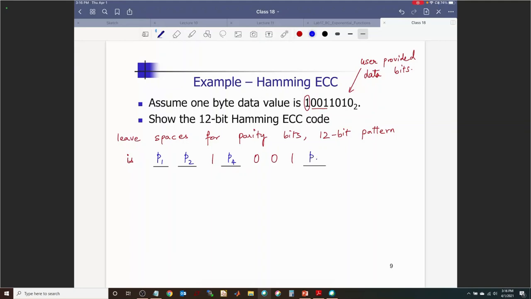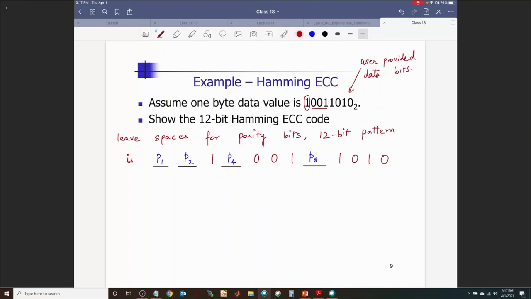P8. I still need to compute that. Then I've got all the data bits remaining. What is that? 1, 0, 1, 0. Right. So I'm just going to write that at the end. So that's essentially what my 12-bit code word is going to look like. I still need to calculate P1, P2, P4, P8.